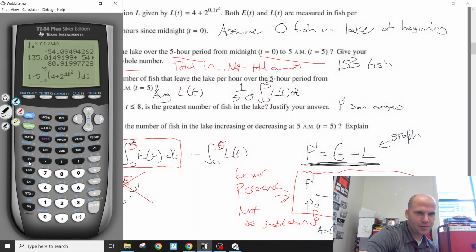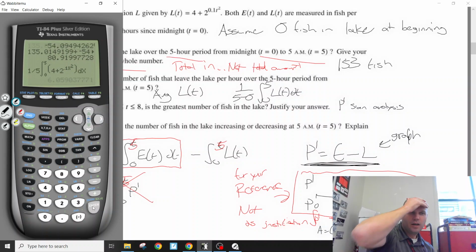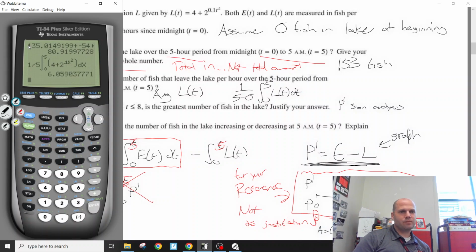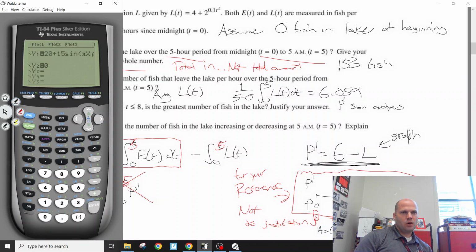So I'm kind of thinking that I do like Mr. Huffaker's way of doing things. It is a little bit quicker. What Mr. Huffaker shows his BC students is you graph E. Okay?